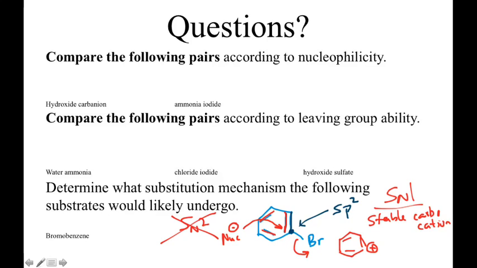We do not get resonance. It's a perpendicular orbital argument. That carbon is now sp hybridized. The p orbital from our carbocation and the p orbital from the double bonds, in perpendicular positions, can't overlap. So we don't get a resonance stabilization.